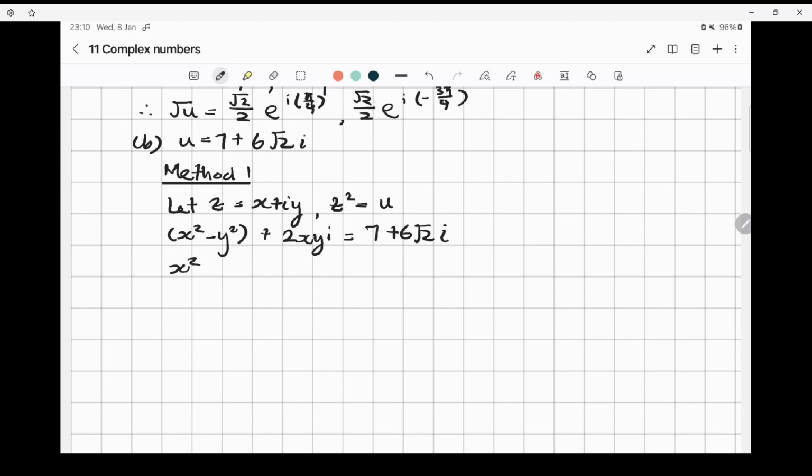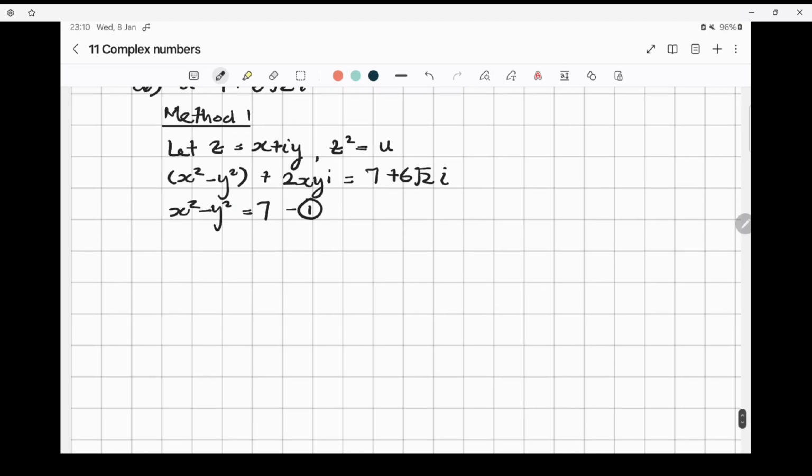So x squared minus y squared equals 7. This is the first equation. Second equation, 2xy equals 6 root 2. So y will be equal to 3 root 2 over x.